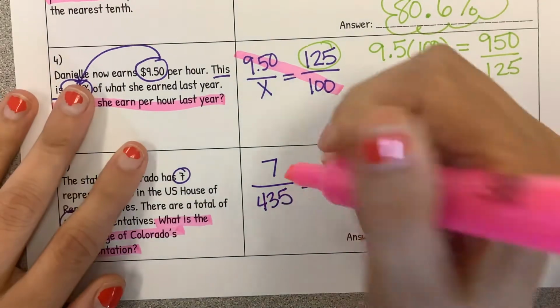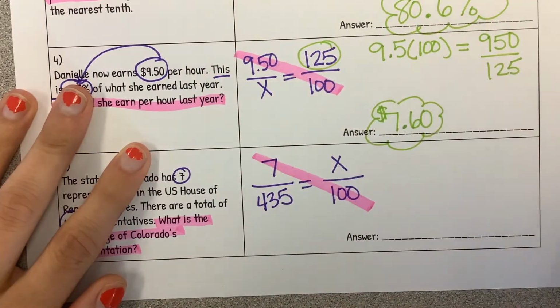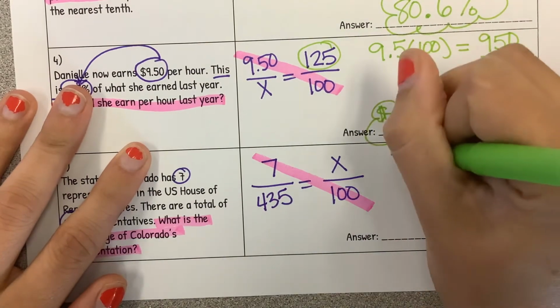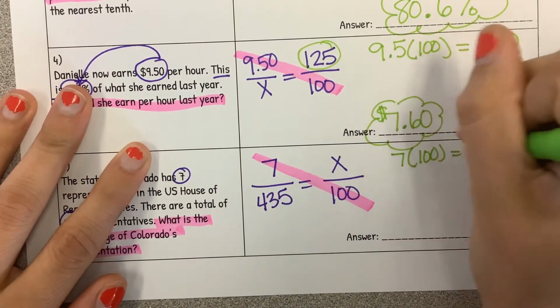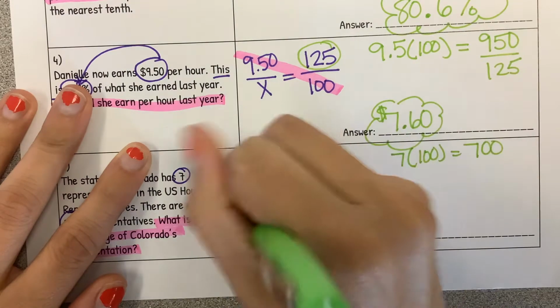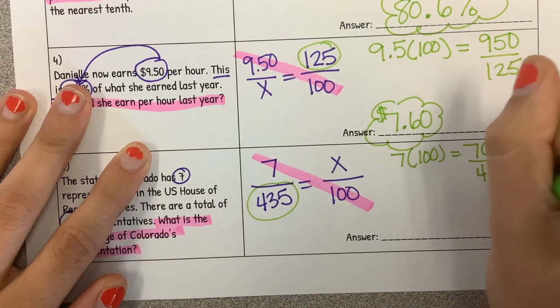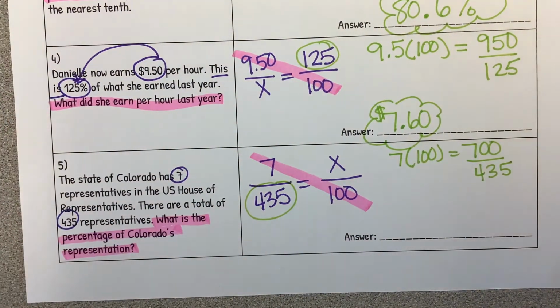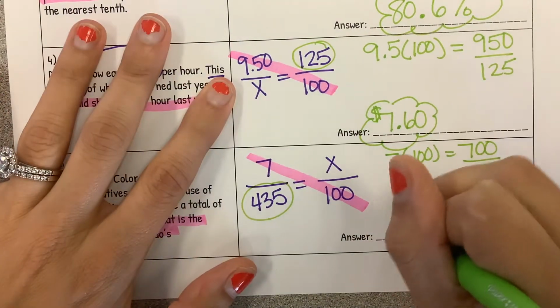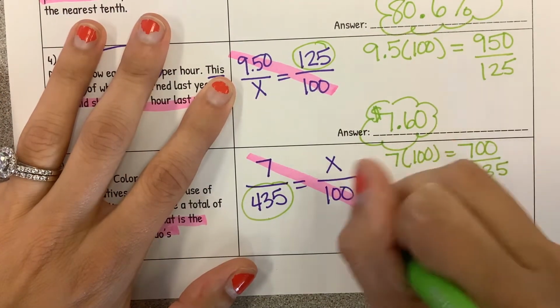And now we can solve. Multiplying 7 times 100 is 700. Dividing by 435. I'm going to round this to about 1.6. We were solving for the percent.